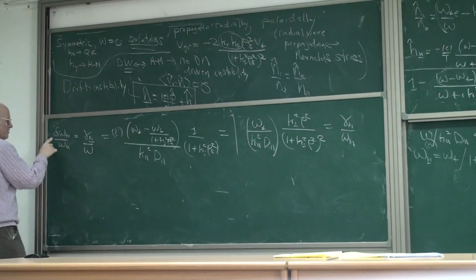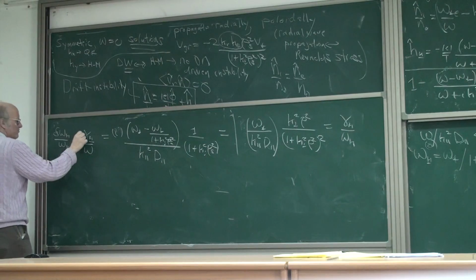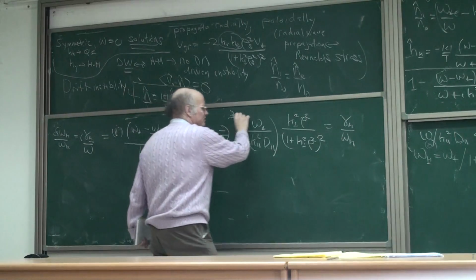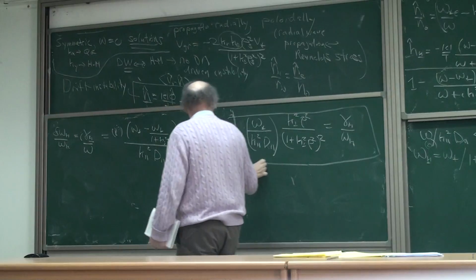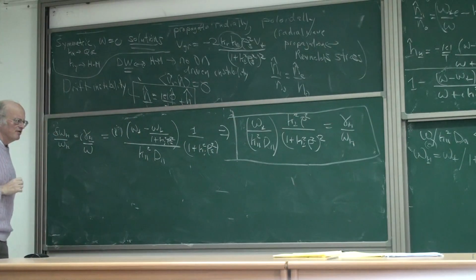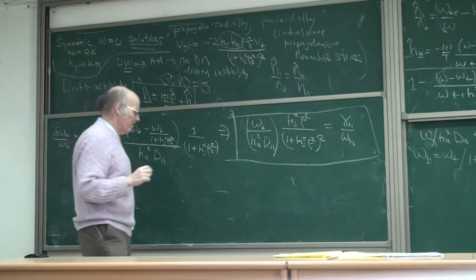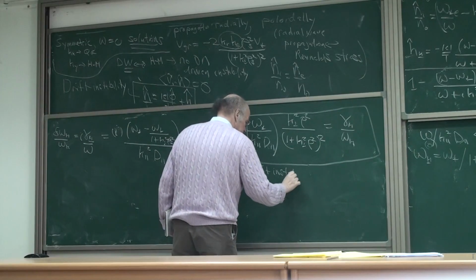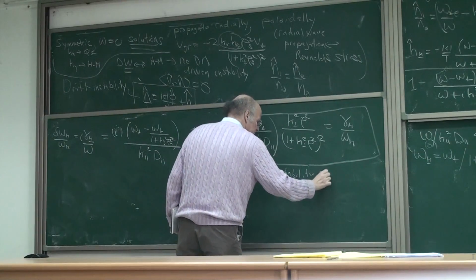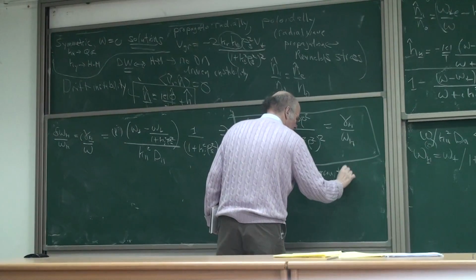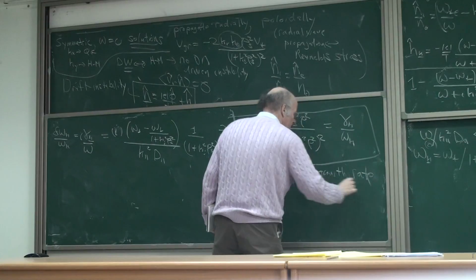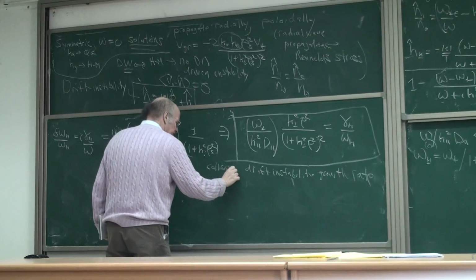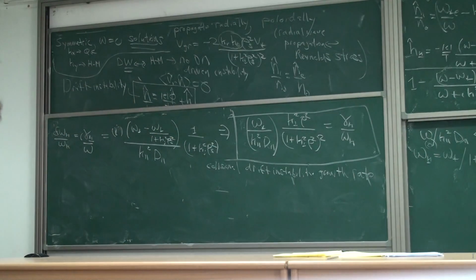So i delta omega over omega, so i equal i gamma, so we do this, so then we can just write this. There we go. That is our simple drift instability growth rate, right? That is called the collisional drift instability, and that goes back to the 60s, actually.